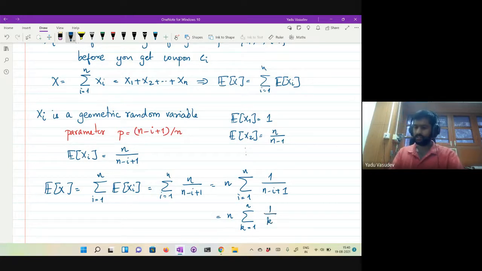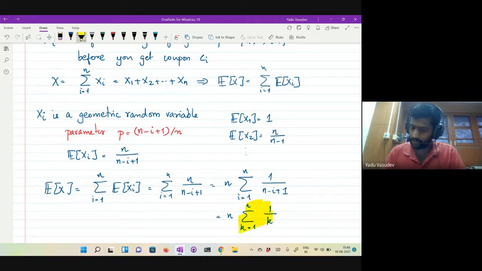This is just rewriting. When i is equal to 1, then this denominator is n. So in this case, when k is equal to n, the denominator is n. When i is equal to n, this denominator is 1. So when k is equal to 1, this denominator is 1. So you're just writing the sum from the other side. And this sum we have already seen before.